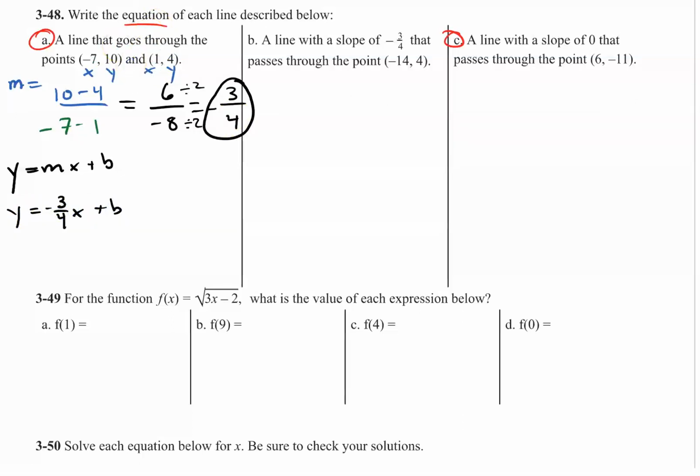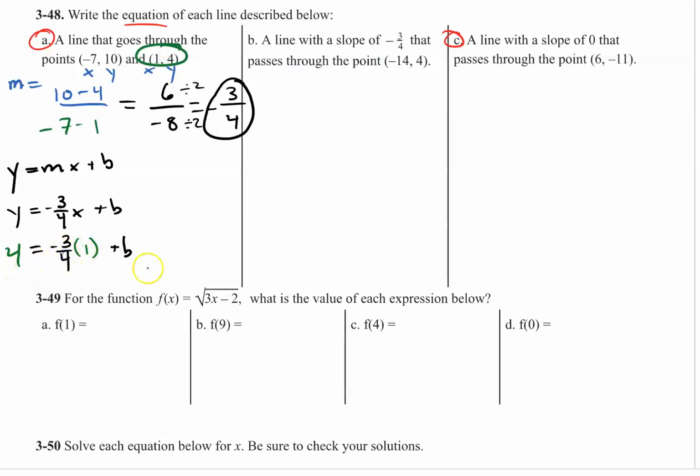And let's use a point. I like this point because the numbers are smaller. Y coordinate is 4, so that gets dropped in for y. The x coordinate is 1, so that gets dropped in for x.